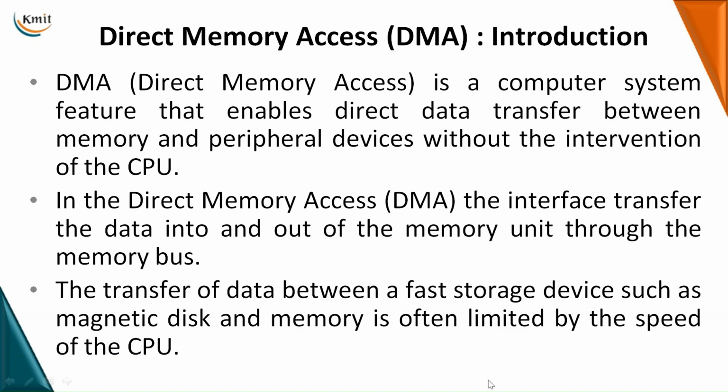Here the interface unit of the corresponding peripheral device transfers the data into and out of the memory unit with the help of the memory bus. The transfer of data between a fast storage device such as a magnetic disk and the memory is limited by the speed of the CPU, so there are certain speed differences between the different types of devices.